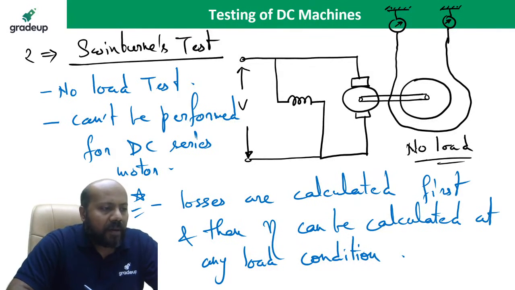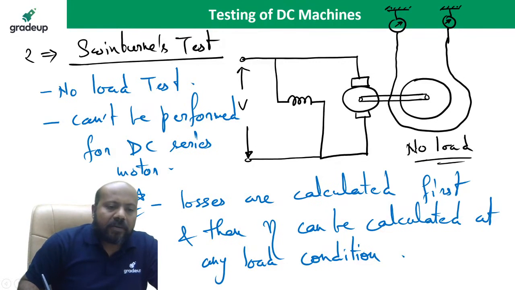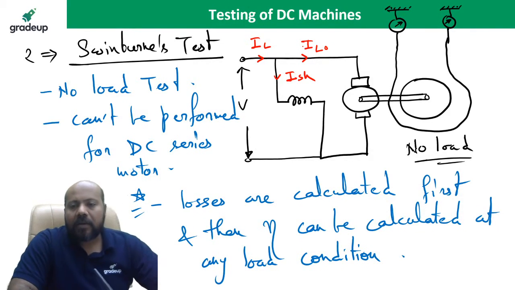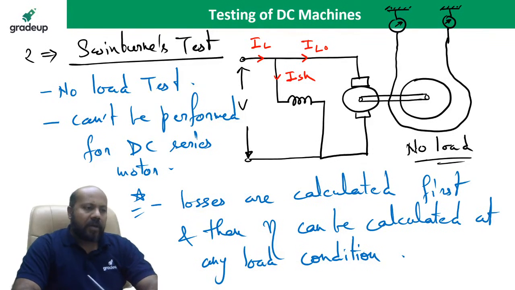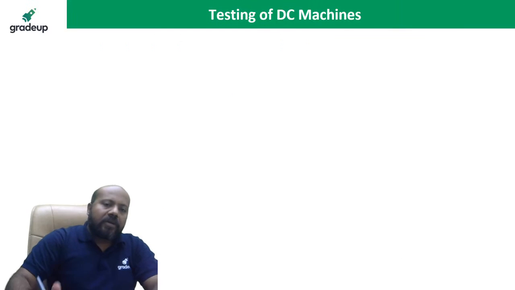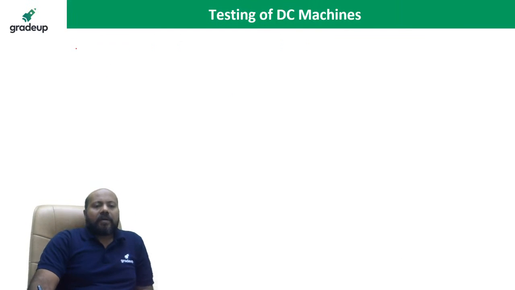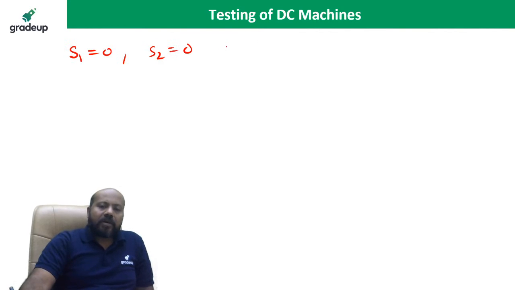Suppose this is the line current, this is the shunt field current, and this is the current taken by the motor in case of no load condition. Now if you see, the S1 and S2 spring balance readings are 0 because it is a no load condition.